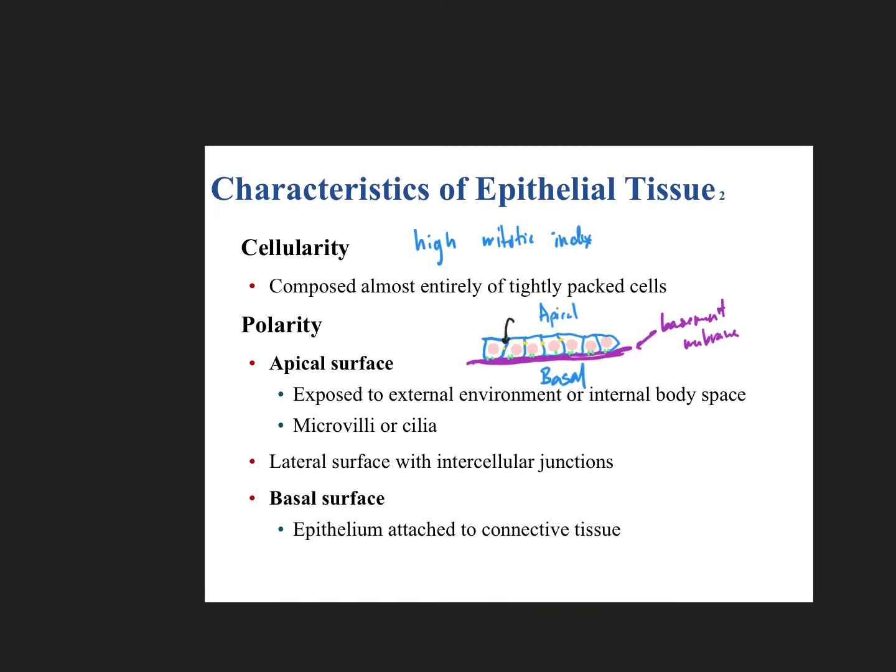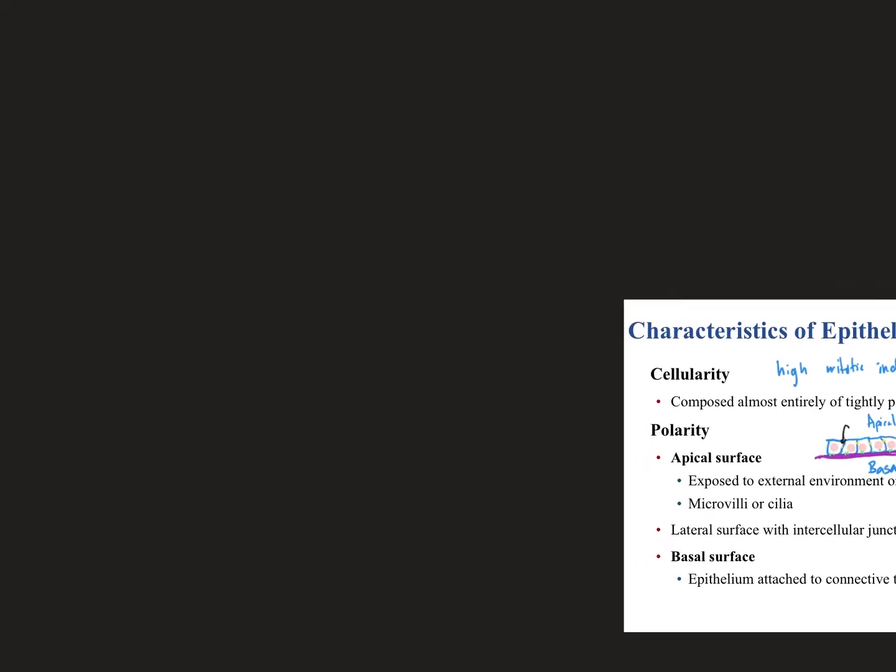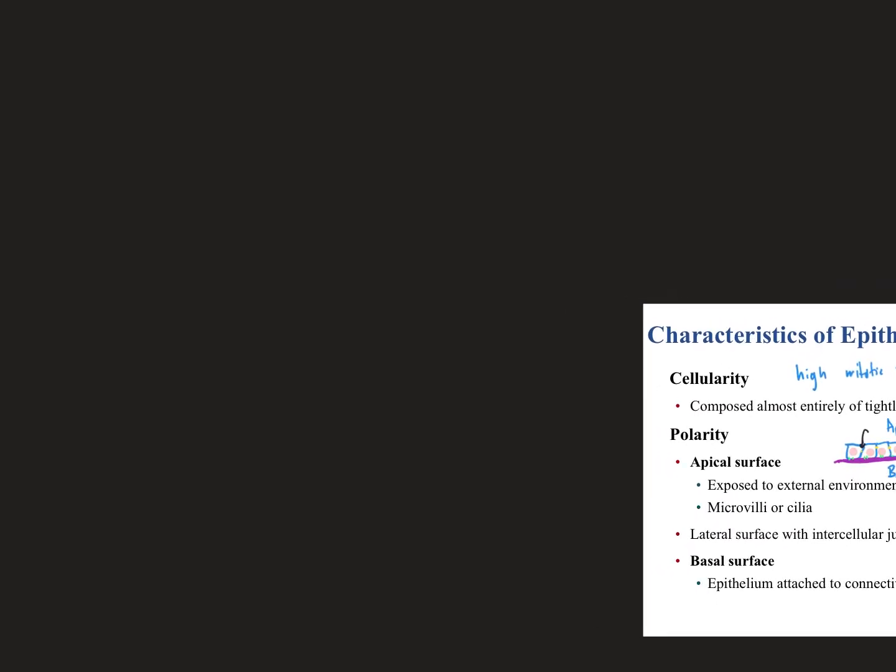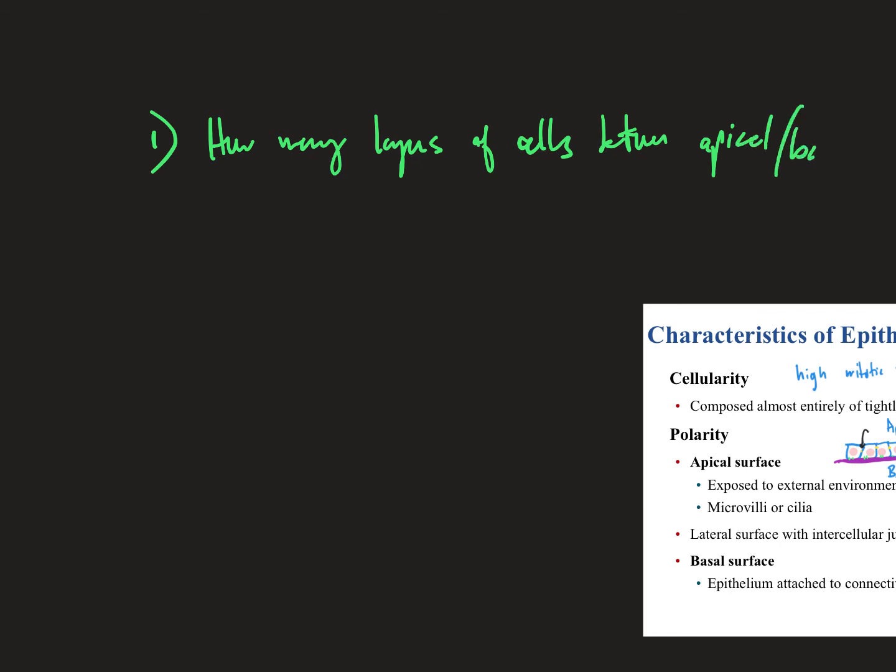So how do we classify epithelial tissues? Okay? We can classify epithelial tissues based upon asking two questions. The first question is, how many layers of cells go between the apical and the basal surface?